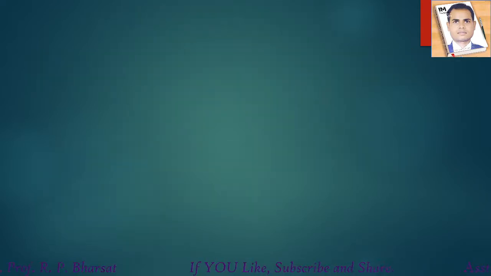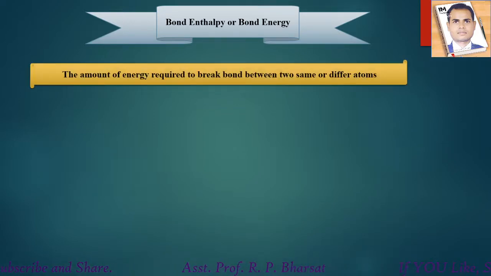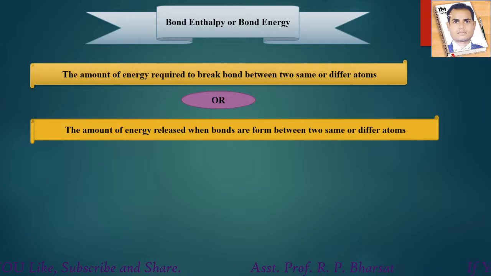Okay, the next topic we have to see is bond enthalpy or bond energy. In this case, it is the amount of energy required to break a bond between two same or different atoms, or the amount of energy released when bonds are formed between two same or different atoms.